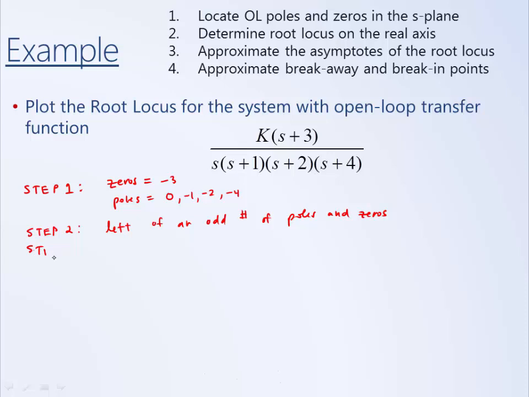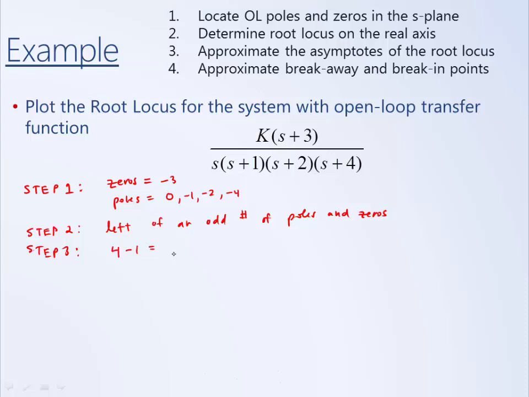Step 3 is to locate asymptotes. So go ahead and look at our transfer function and think to yourself, will we have any asymptotes? How many asymptotes will we have? Since we have 4 poles and 1 zero, we will have 4 minus 1.